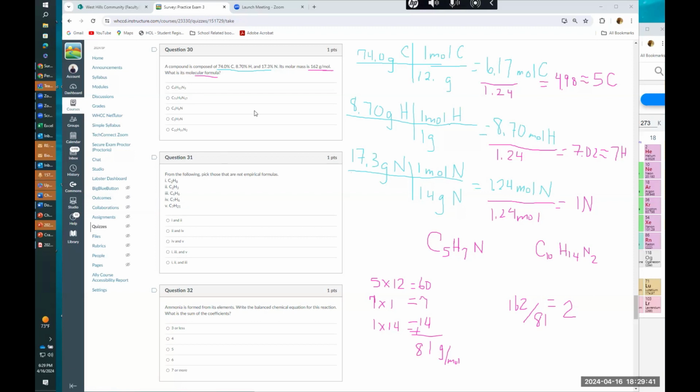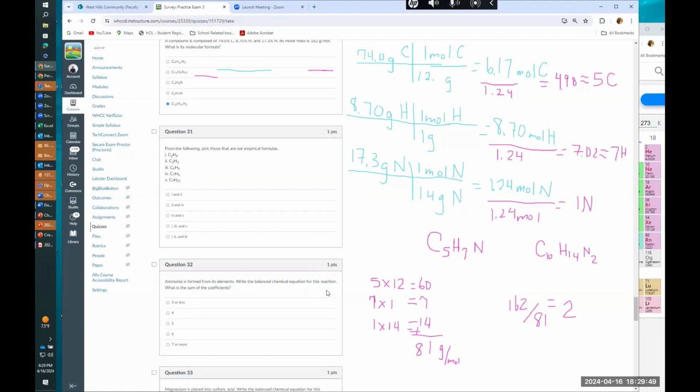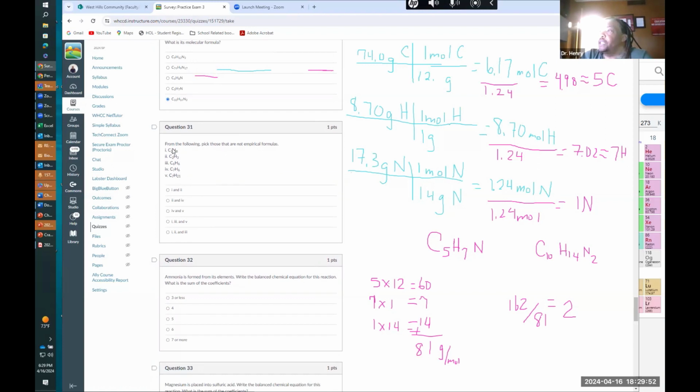Okay, so which one is it? C10, that last one. Okay, it says from the following, pick those that are not empirical formulas. Remember, empirical formula means they're the simplest form. In other words, the elements can't be divided by another number.